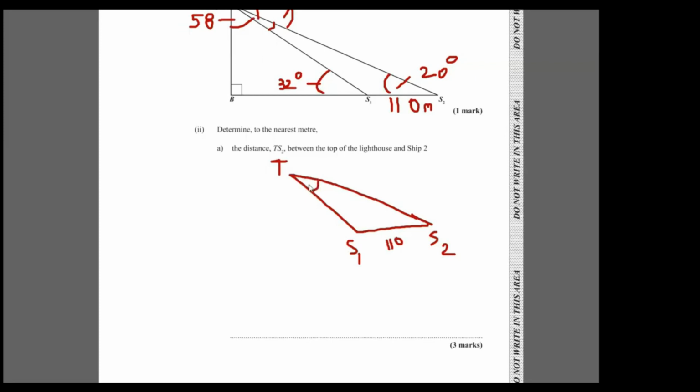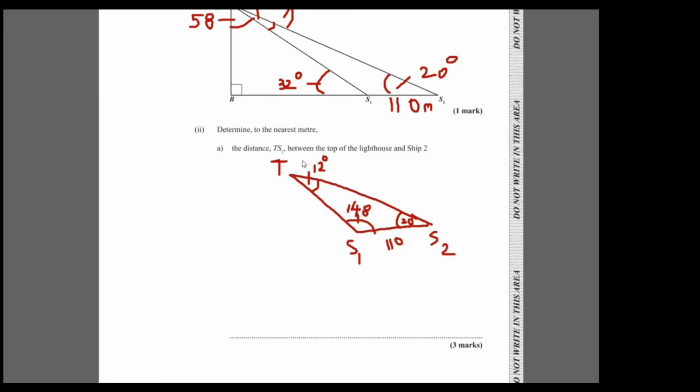This angle is 12 degrees. I know that this angle is 20. And if this is 12 and this is 20, since angles in a triangle add to 180, 180 minus 32 gives 148. This angle is 148. You might say, sir, why are you doing all of this? For me, it's easier.